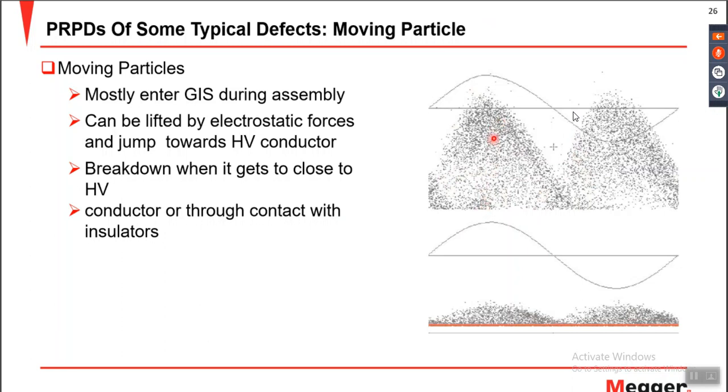On the top pattern, the magnitude of the partial discharge is too high, whereas in the bottom pattern the magnitude is a little lesser. But they have the same symmetrical pattern on both half cycles of the sine wave, and the same kind of behavior in terms of PRPD pattern. So whenever you encounter such patterns during your PD measurement, you can judge that the pattern is generated because of a moving particle.